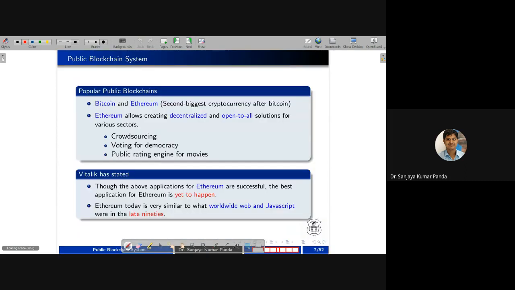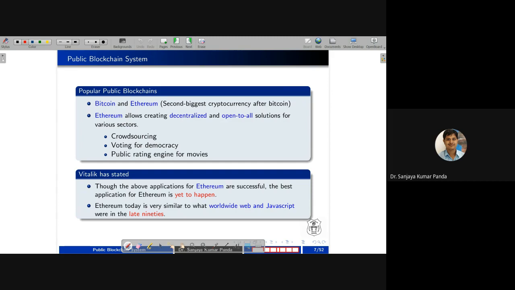Now, as I said, Bitcoin and Ethereum are the two popular public blockchain systems. So you can say Ethereum is the second biggest cryptocurrency, and the first or biggest cryptocurrency is Bitcoin. The main purpose of going for Ethereum is that Ethereum allows creating decentralized and open-to-all solutions for various sectors.